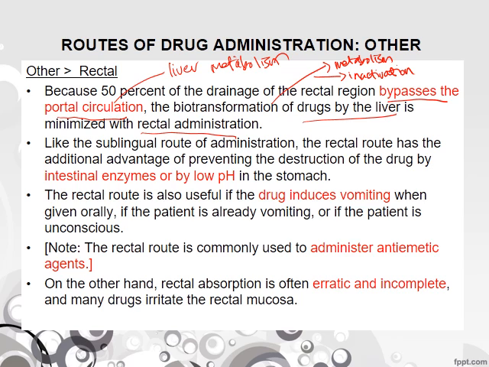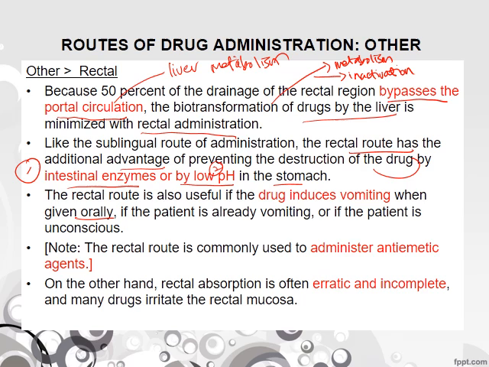Like the sublingual route of administration, the rectal route has the additional advantage of preventing destruction of the drug by intestinal enzymes or by the low pH in the stomach. This route is also useful if the drug induces vomiting when given orally.